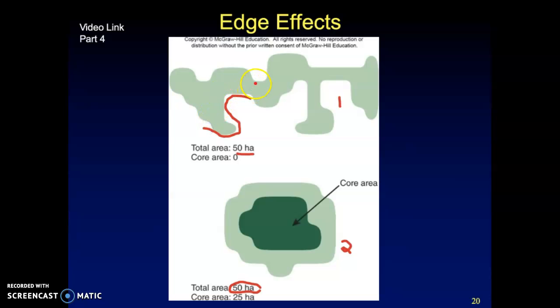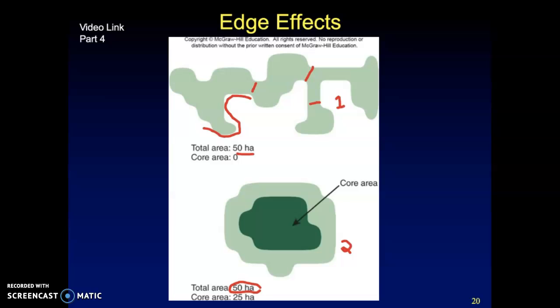You look at the distance from here to here, from here to here, so you really have no core area in number 1 up here because it's all small, thin, stretched out. Even though somebody may argue, well, it's the same amount of territory, the territory configuration and the amount of edge effect plays a big role.